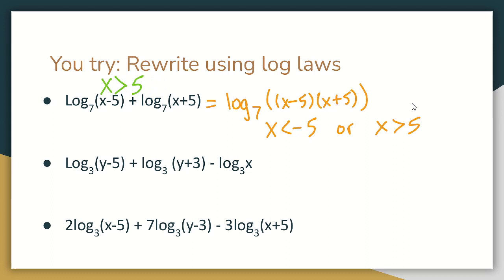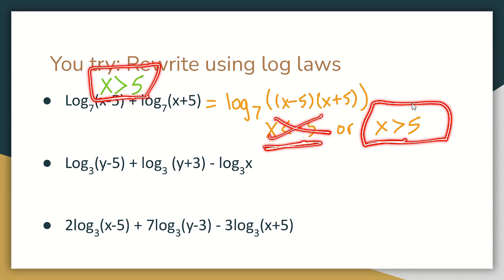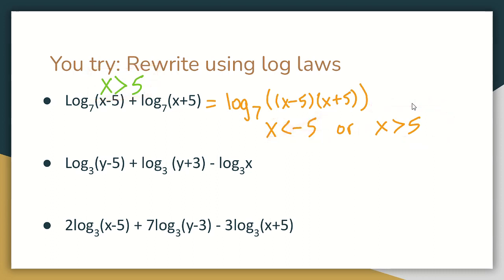So that's what didn't make sense to me for a moment. So right here, these match up, but this part doesn't. So in our new expression here, x must be greater than +5. All right. Questions?